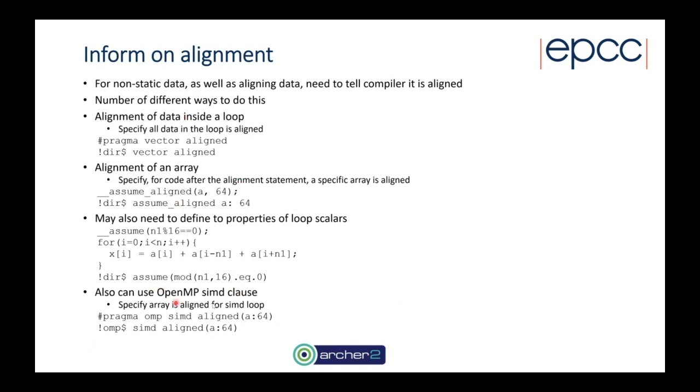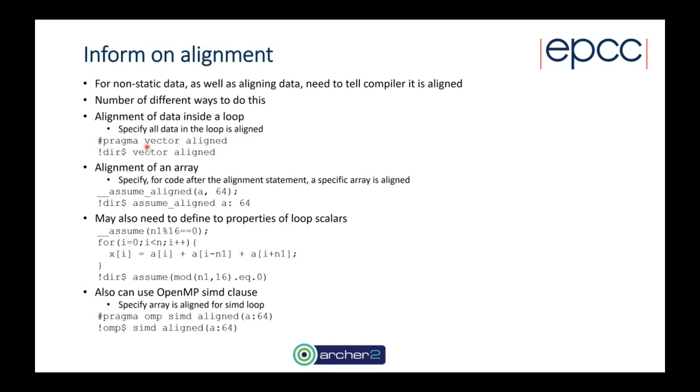So the most portable one these days is to use part of OpenMP and use this #pragma omp simd aligned. And so you can put this on a loop, and you can say, on this loop, my array A is aligned at 64 byte boundaries. Likewise, you can do exactly the same in Fortran.